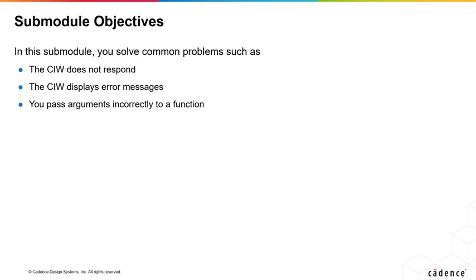The second case is you've entered a command, hit return, and you get an error message back, and you need to interpret that and move on. The third one is where you're calling a function and you pass arguments incorrectly to that function and get some type of error message.